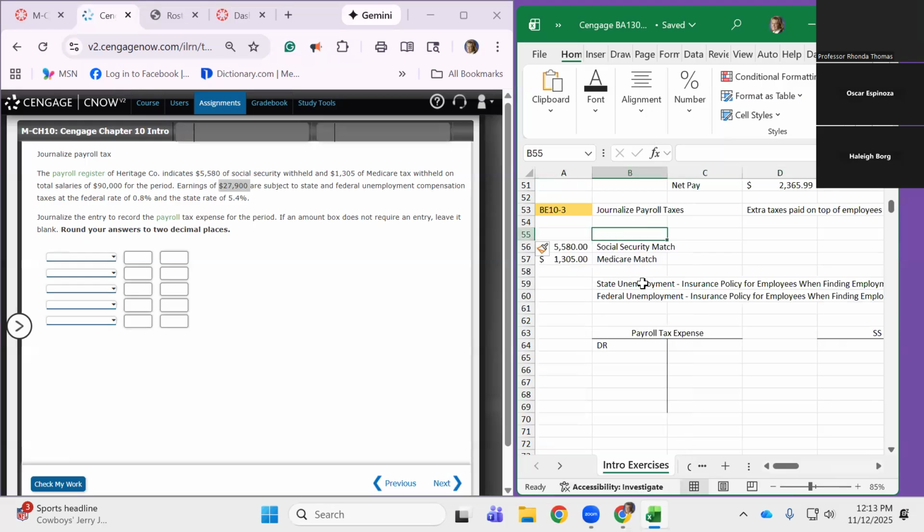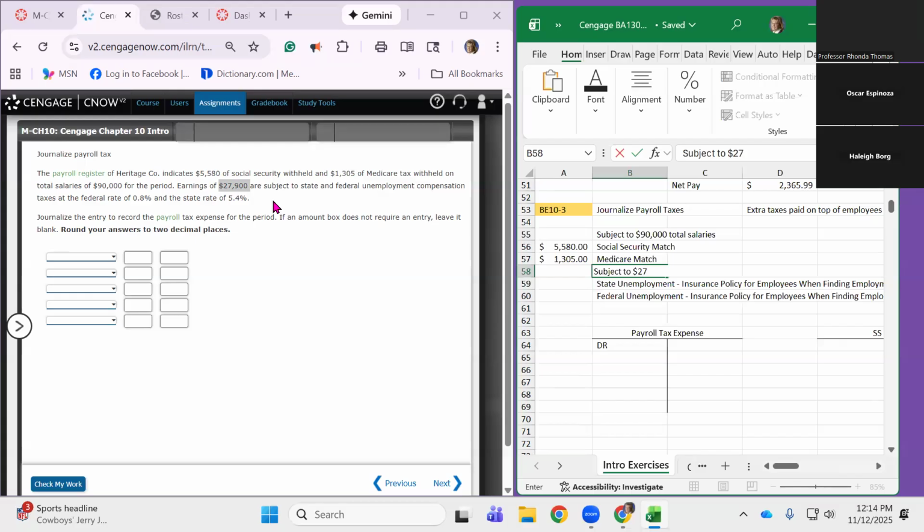So these two are subject to $90,000 total salaries. Okay, but these two are subject to 27,900. Okay, subject to, and a lot of times there's a difference.